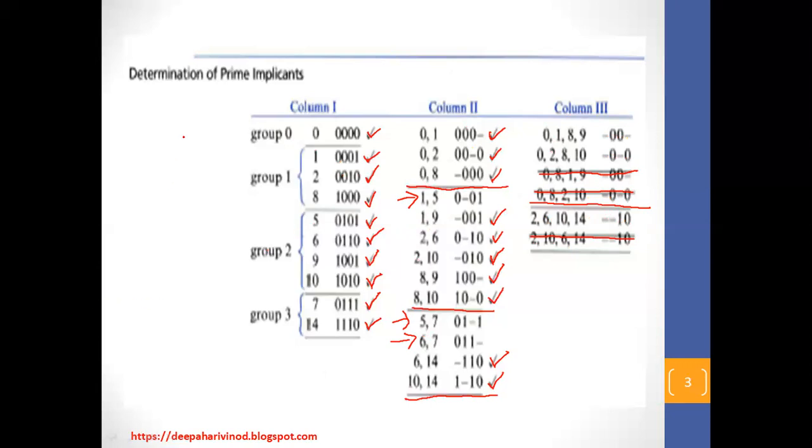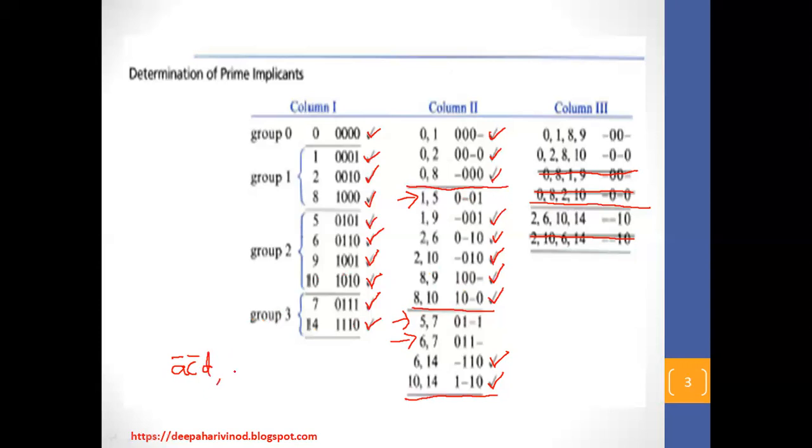Here, if I consider this as A, the second term as B, then C, D. The first term will be A bar, you don't have B over here, C bar D, that is 1, 5.